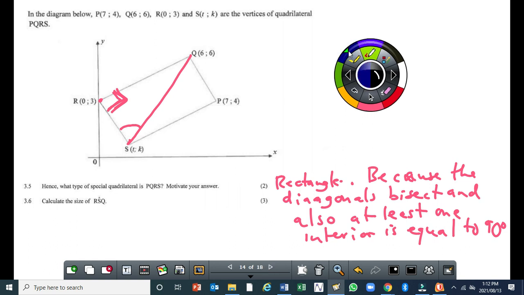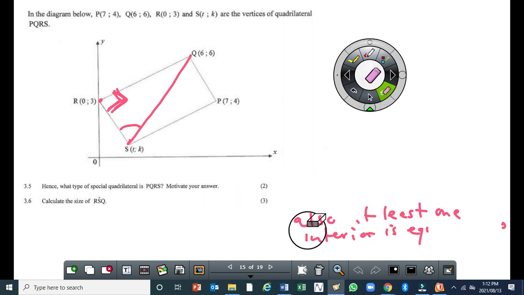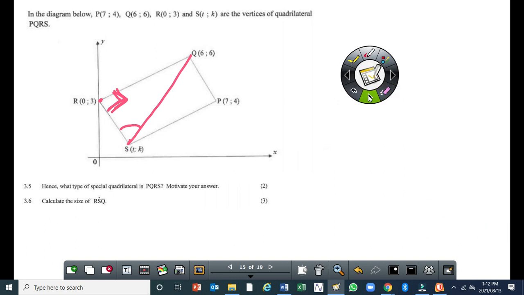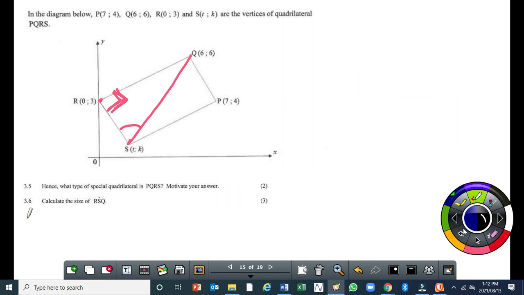Alright, so for 3.6, let me start this question on a new page. So for 3.6, I will calculate the length of RQ.